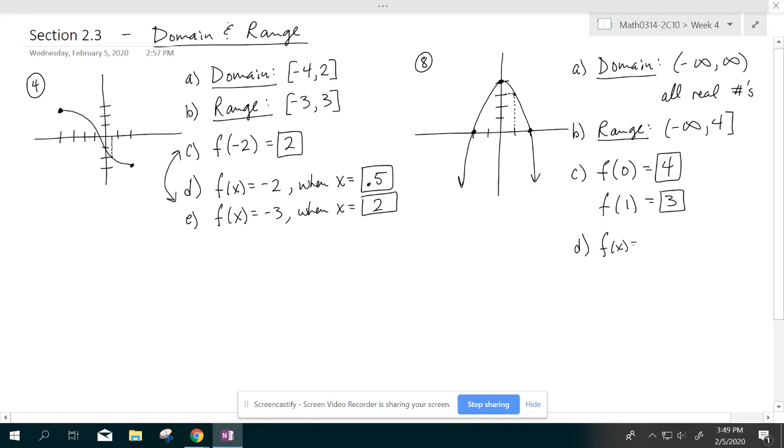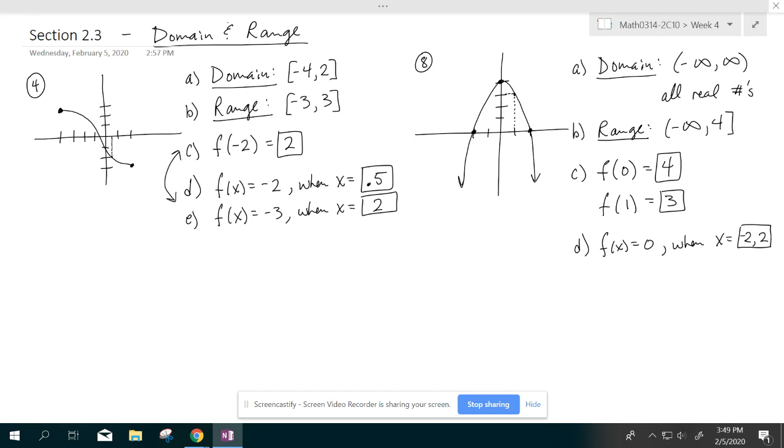Okay, now for part D, f of x is 0 when x equals what? Negative 2 and 2. F of x is 0 at 2 places.